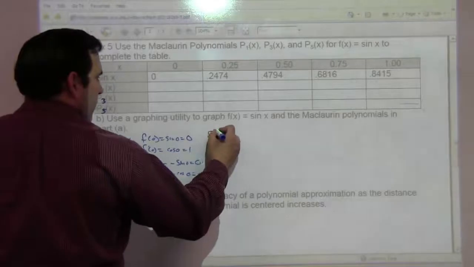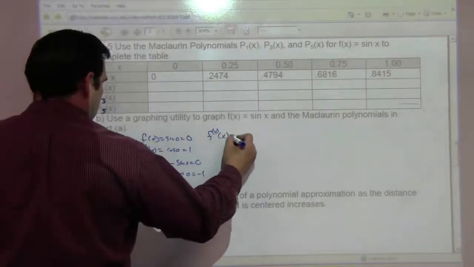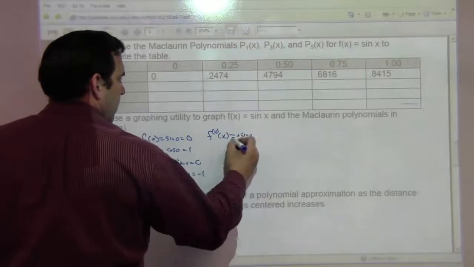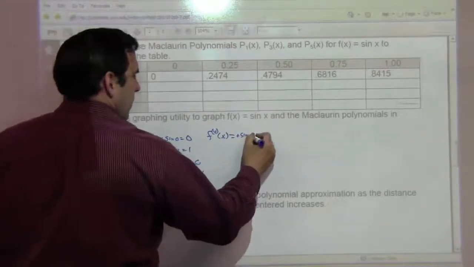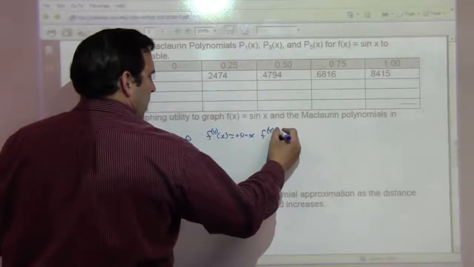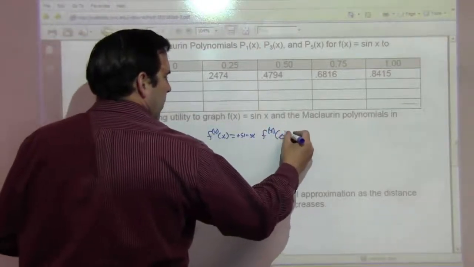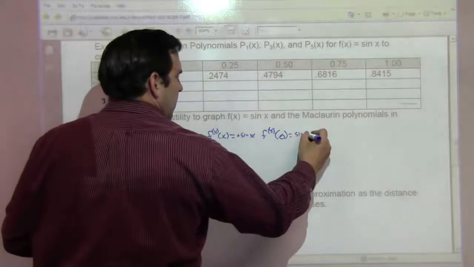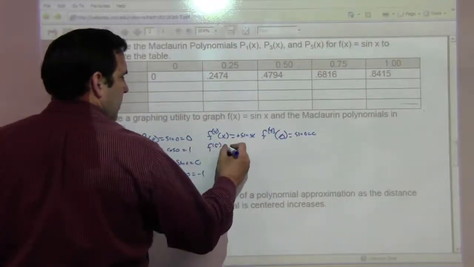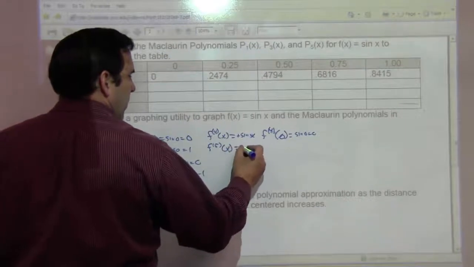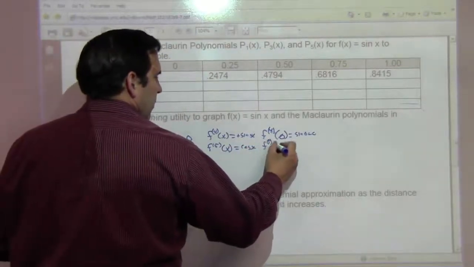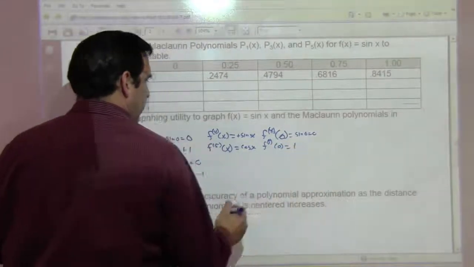And the fourth derivative of f of x is going to be positive sine of x. The fourth derivative at 0 is going to be sine of 0, which is 0. And the fifth derivative of f of x is going to be cosine of x. The fifth derivative at 0 is going to be 1. Cosine of 0 is 1.